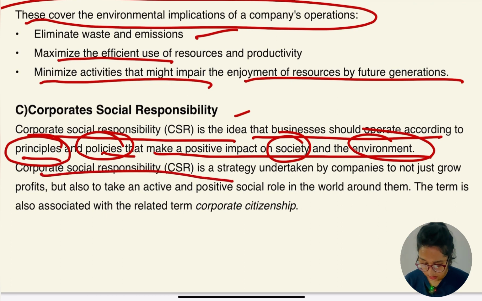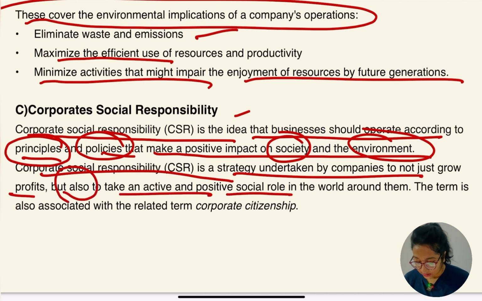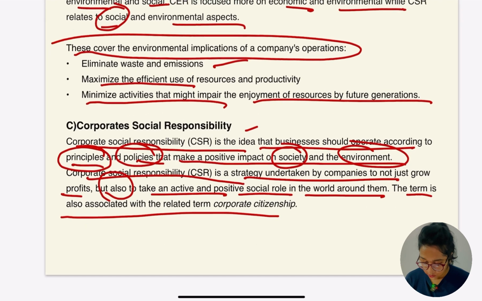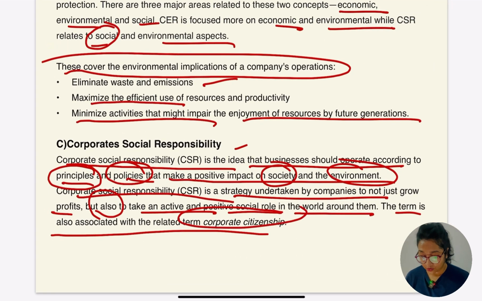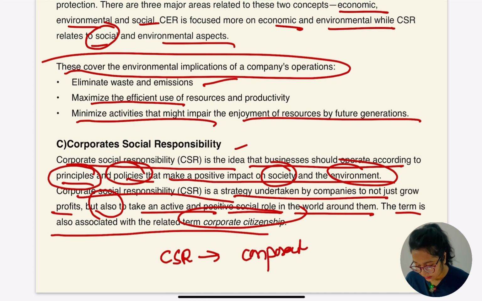Corporate social responsibility is a strategy undertaken by the company not only to grow profit, but also to take an active and positive impact on what? The society and the world around them. The term is also associated with the related term, corporate citizen. So CSR is related to corporate citizen. Hope this point was clear.